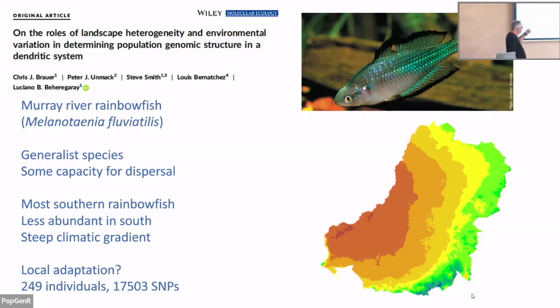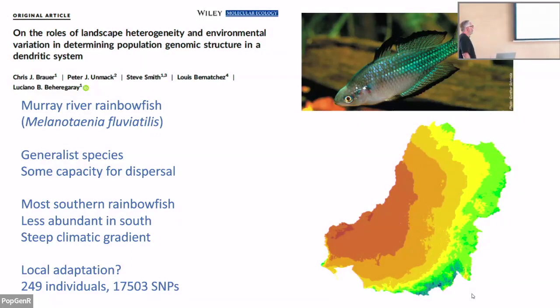Looking at the patterns of aridity across the Murray Darling Basin, you see the cooler, wetter areas in the uplands down in the south, and then some really quite arid areas as you go further to the north and to the west. If you head right up into the northeast, you start to get into almost subtropical climates as well.